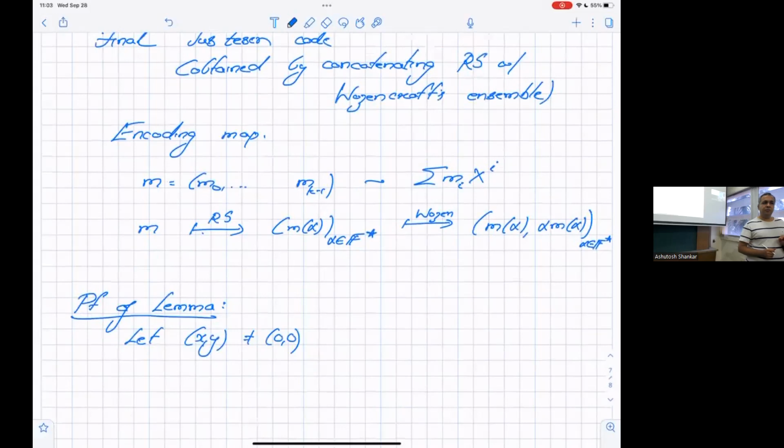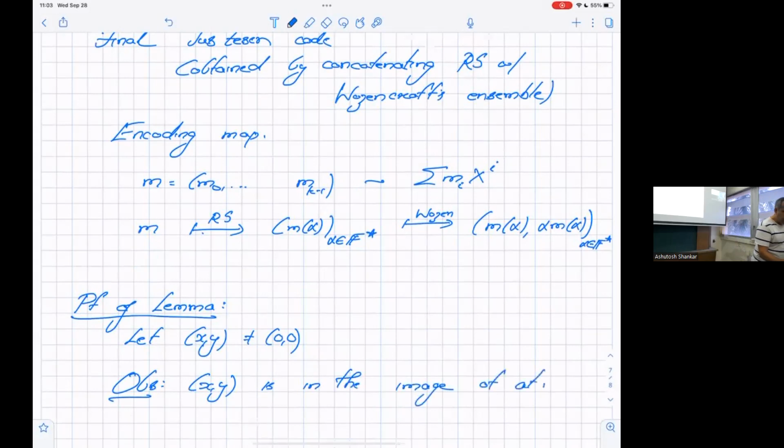Is that clear? I want to make the following observation: xy is in the image of at most one of the C alphas.